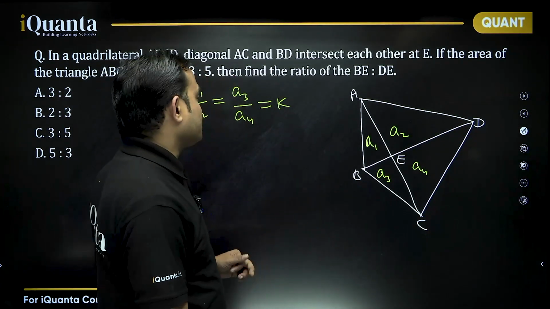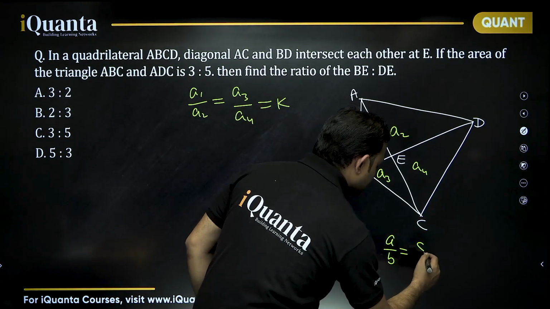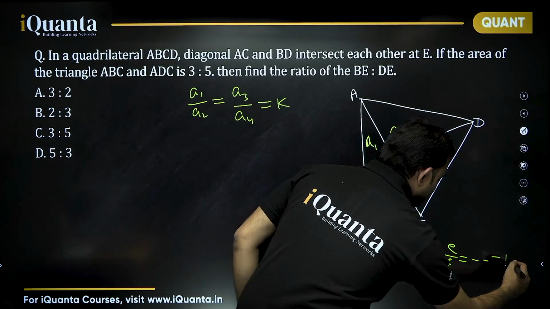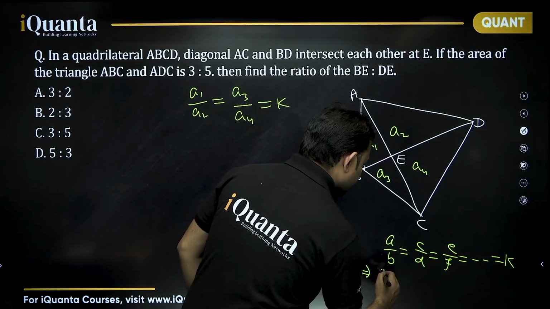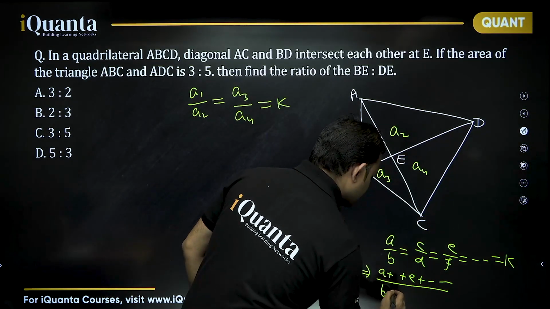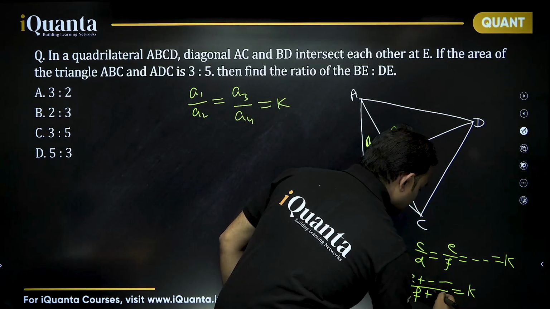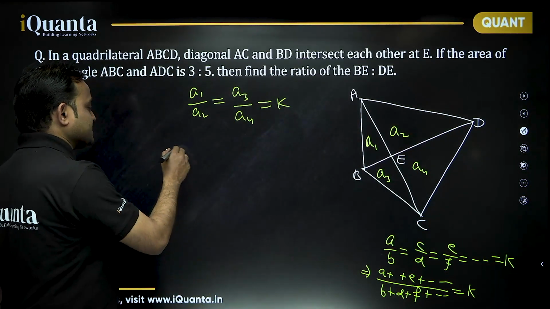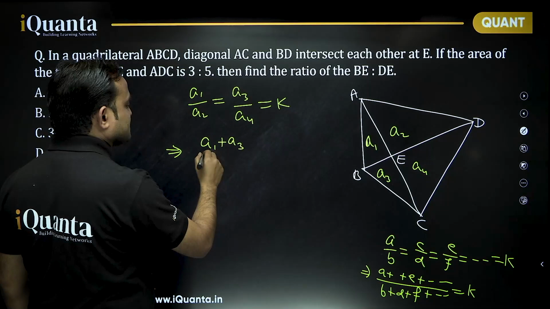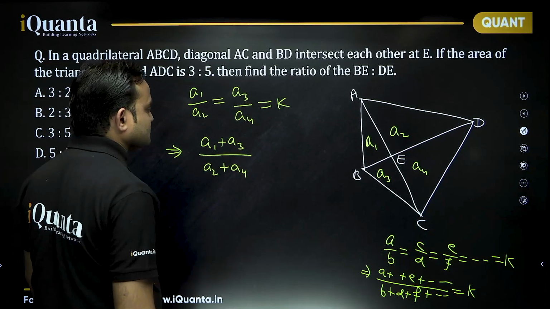Now, in ratio proportion, there is a very interesting concept that if A by B is equal to C by D is equal to E by F and so on is equal to K, then we can say that A plus C plus E in the numerator, and in the denominator B plus D plus F and so on, is also equal to K. So using that, can we say that A1 plus A3 will be equal to A2 plus A4, right?